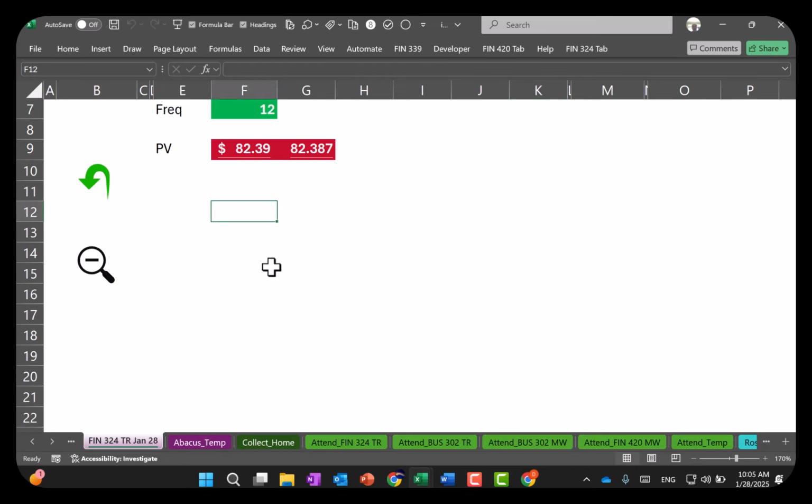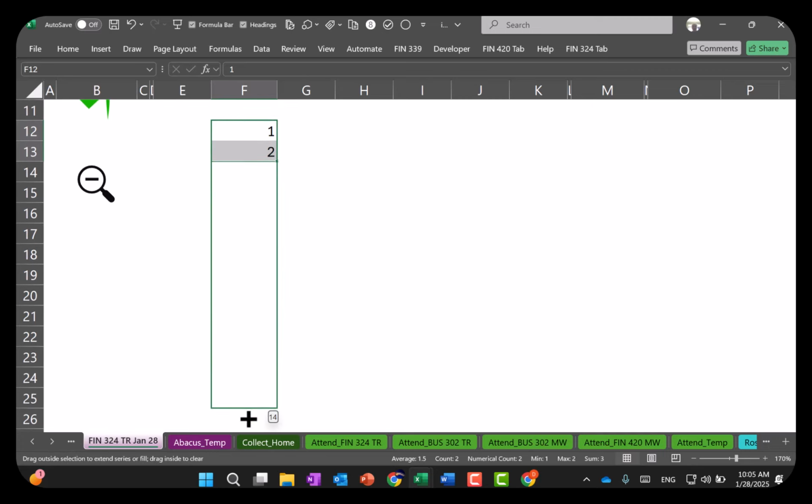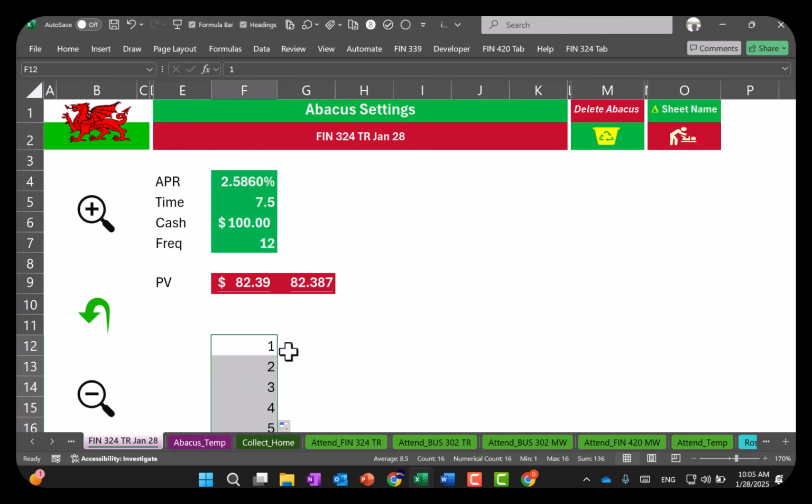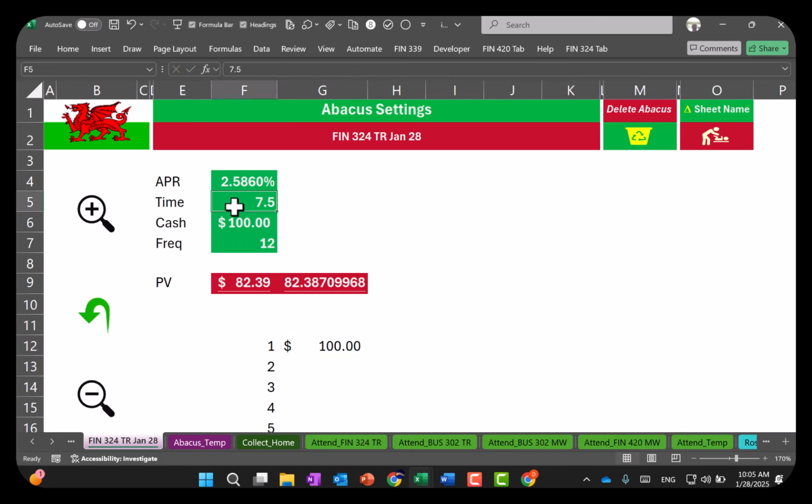So let's test it. First, let's do this for 4 years with quarterly payments. That means I have 16 of them. So my first payment is going to be $100. So let's make this 4.